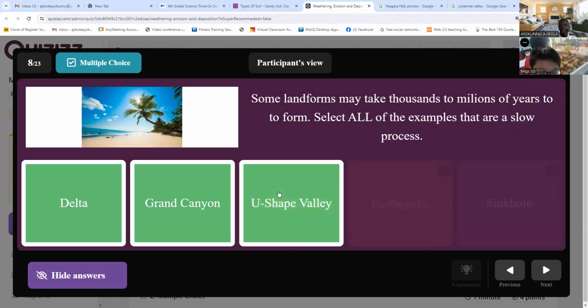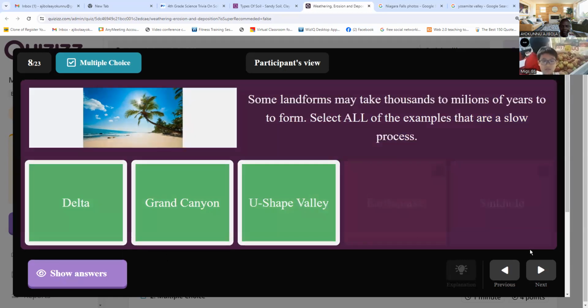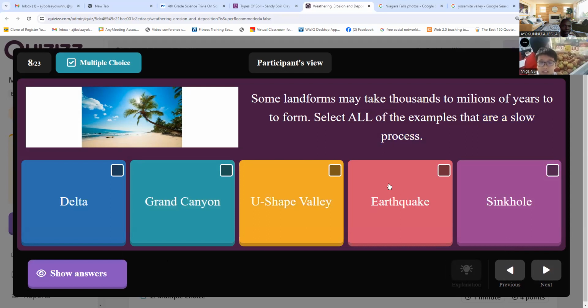The three are slow processes. A delta, Grand Canyon, and U-shaped valley. All of them are slow processes. Earthquake and sinkhole are fast processes. Very good, that's it. Is that clear now? Okay, we'll move to the next question.